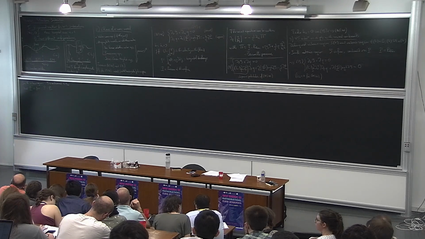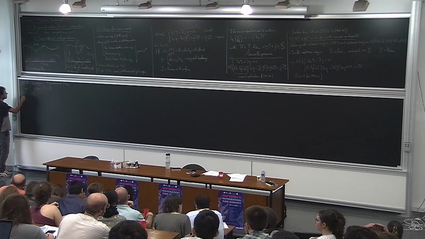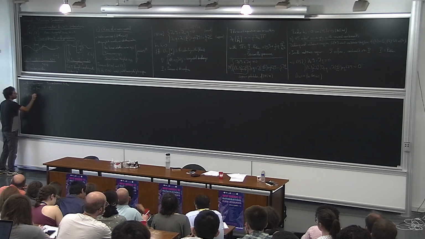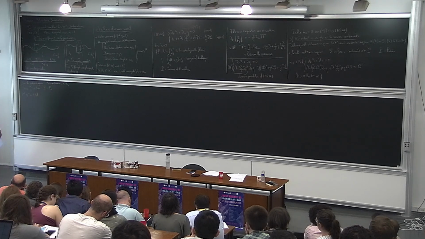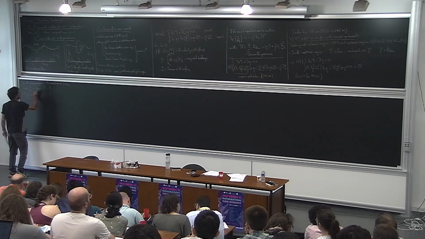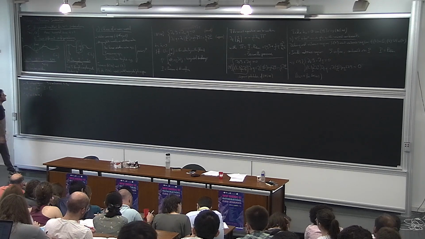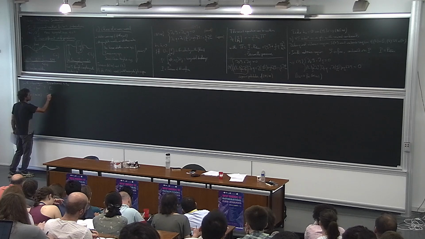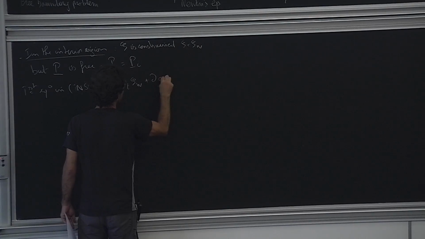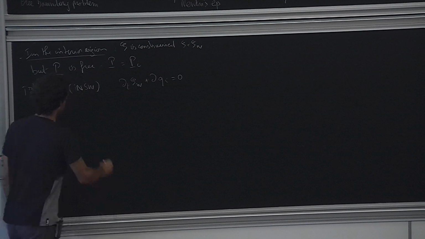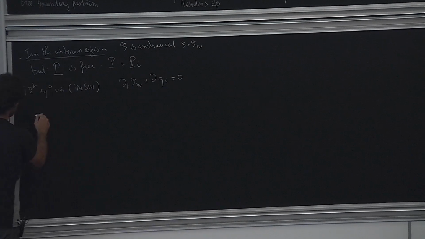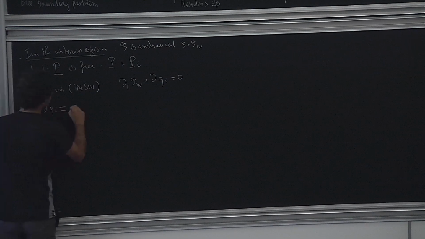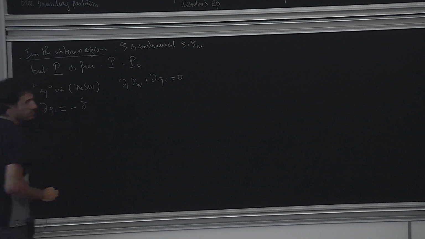In this case it's quite simple. If I look at the first equation in the model B, or let me do it just for shallow water, then you see that I have dt zeta W plus d of Qi is equal to 0, which is equivalent to dQi is equal to minus delta dot.